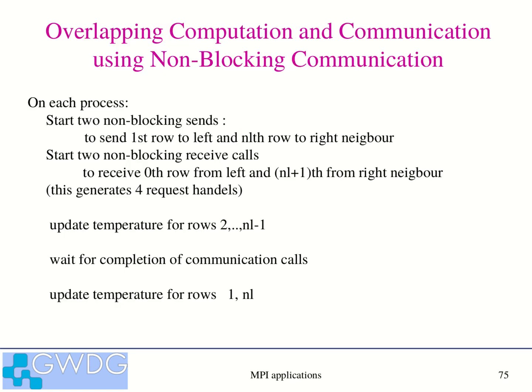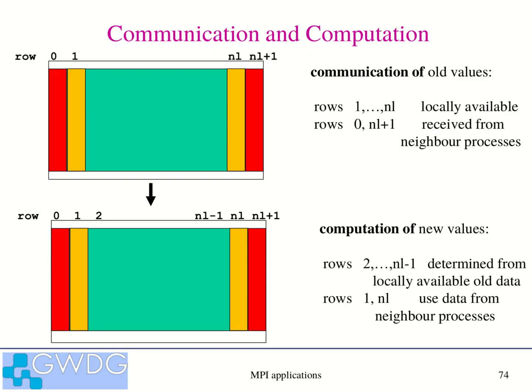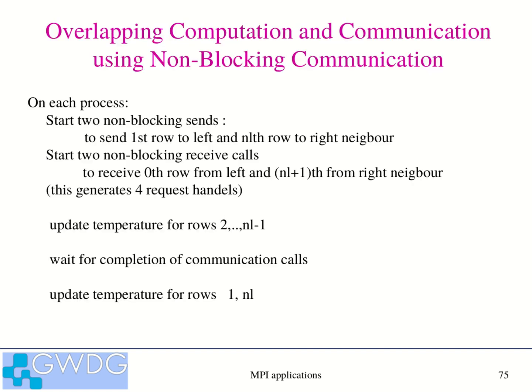The non-blocking send and receive calls return immediately, and you can then start to update all temperatures in all columns 2 up to NL minus 1. But of course, you can update the columns 1 and NL only after the communication of these boundary values has completed. So you have to put a wait for the completion in this place, and then you can update the two last columns.